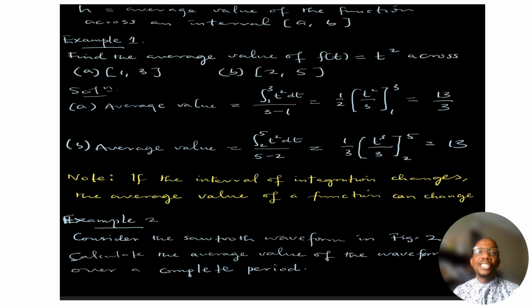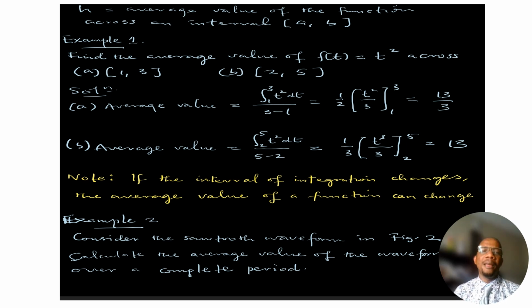That is to say, h then is the average value of the function f of t across an interval a comma b. That's one of the areas of applying integral calculus.